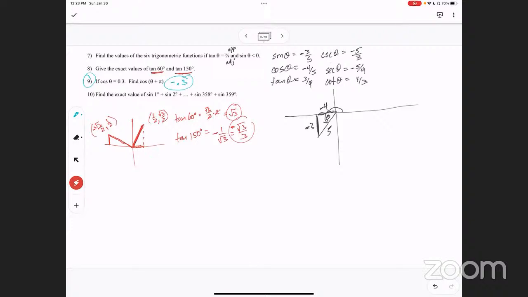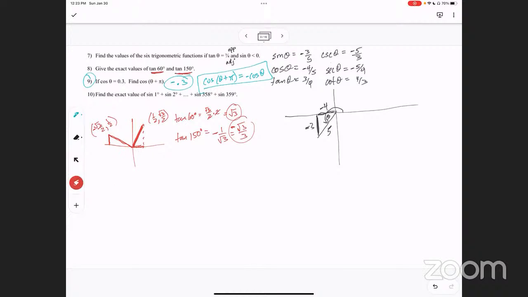So now that's going to be a positive, not a negative. So here's one of the properties that I'm getting at. The cosine of theta plus pi is just equal to the negative cosine of theta. That's a formula on the trig property sheets that you'll see. But I demonstrated that for you by looking at this example, that unit circle.